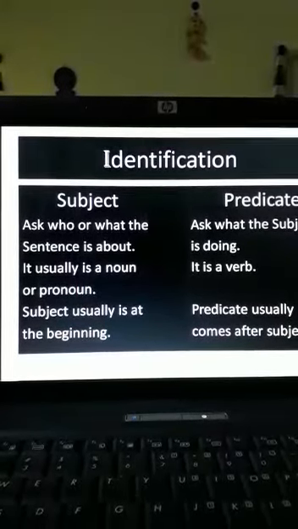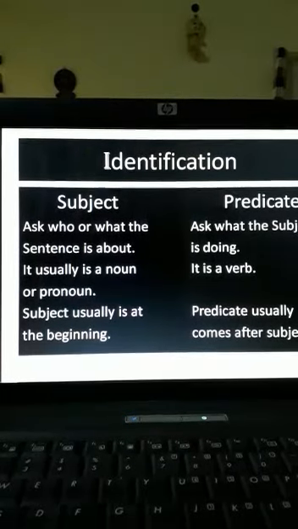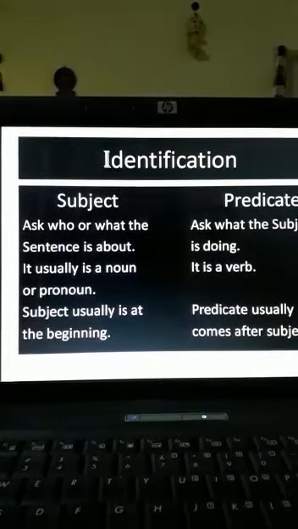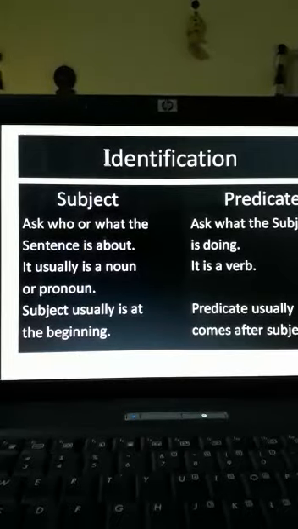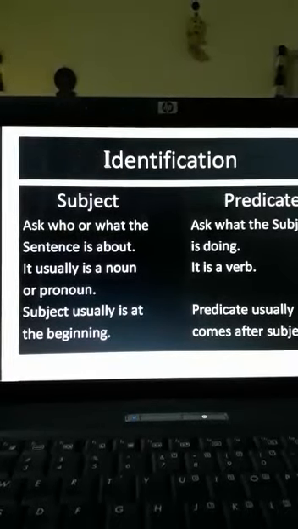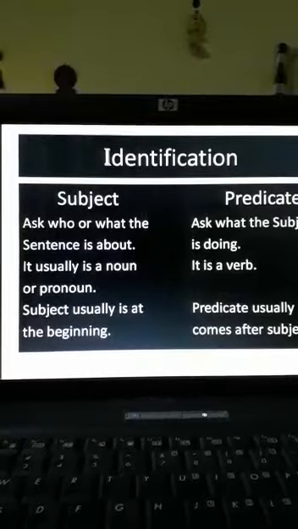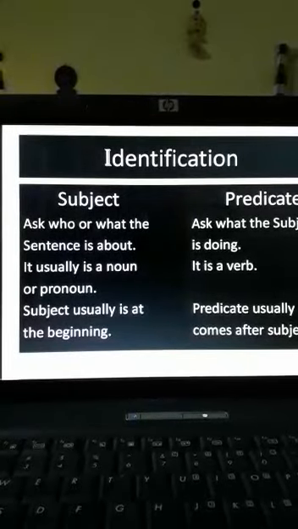So, in the first example, the sun is rising. Here we are speaking about the sun. So, as we see, the sun is a noun. So, subject usually is a noun or it can be a pronoun.